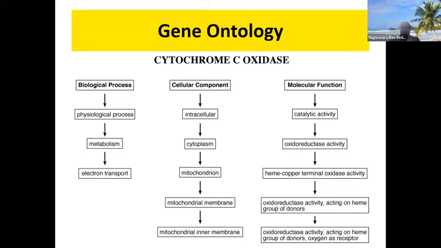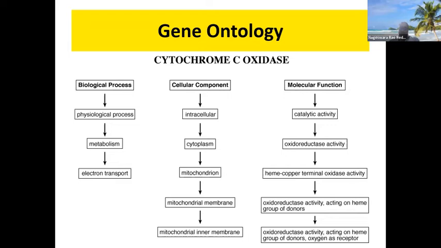Now coming here, what activity is it actually doing? All the oxidoreductase reactions actually require here a heme copper terminal oxidase activity. Or I should say, it is actually cytochrome. Okay, cytochrome is nothing but a porphyrin. So it is a heme copper terminal oxidase activity.